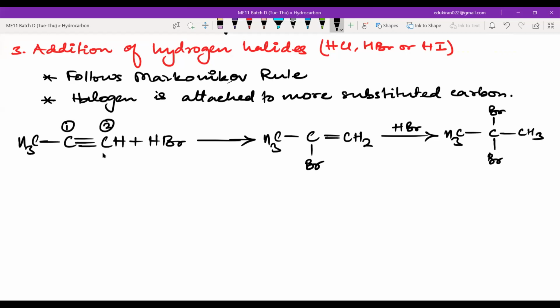Similarly, you can write the same type of thing for addition of water, right?